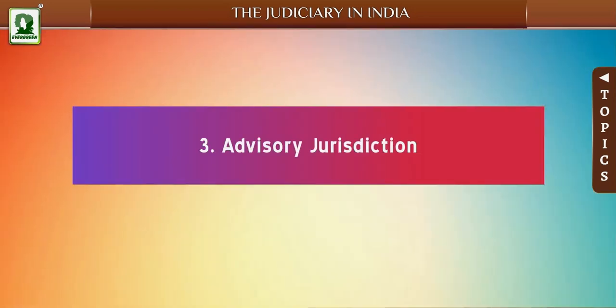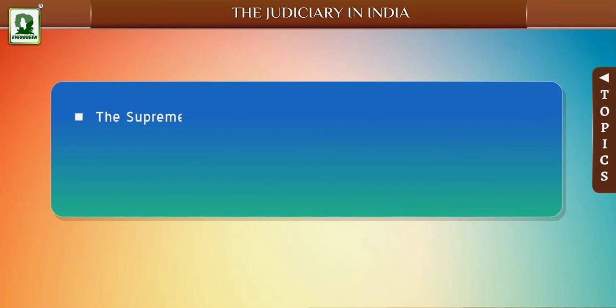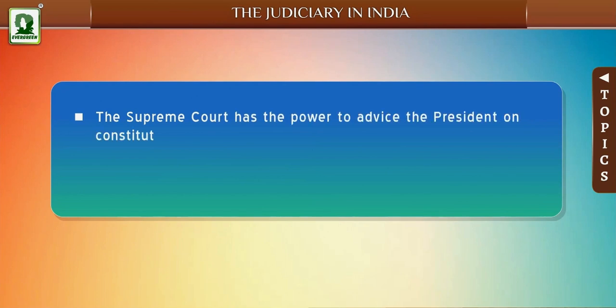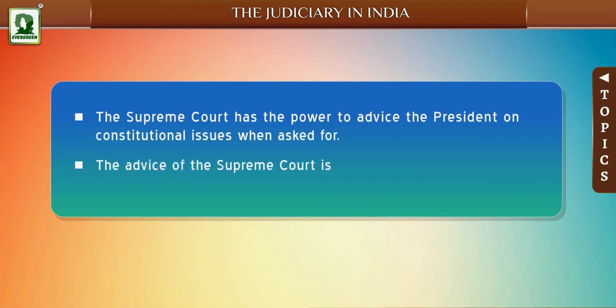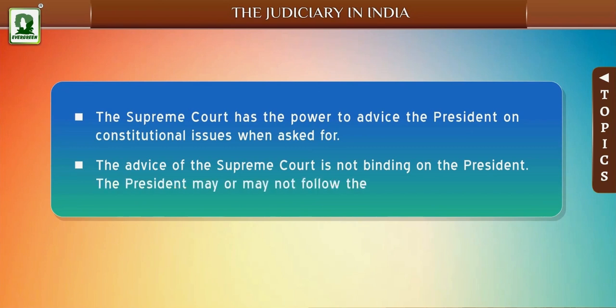Advisory jurisdiction. The Supreme Court has the power to advise the President on constitutional issues when asked for. The advice of the Supreme Court is not binding on the President. The President may or may not follow the advice.